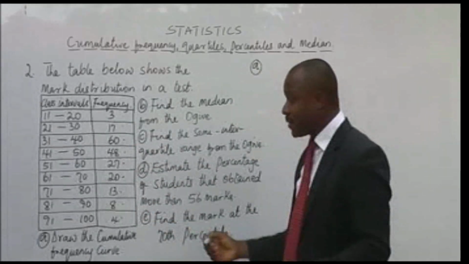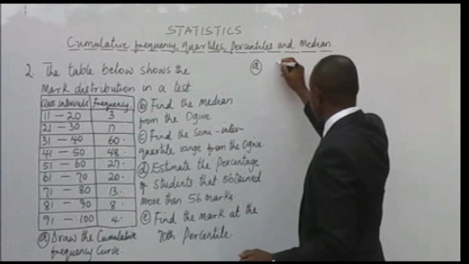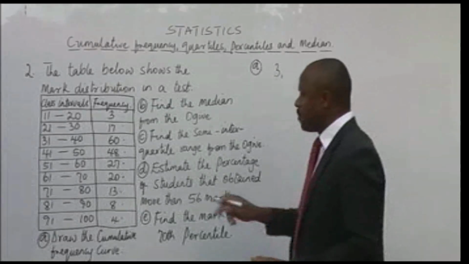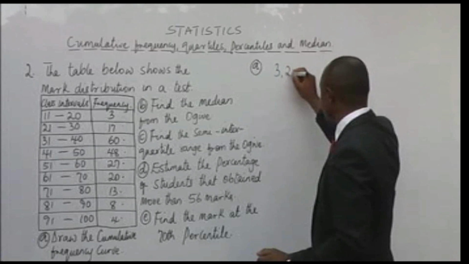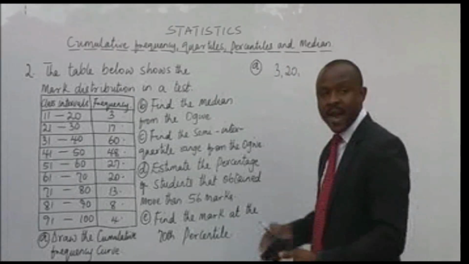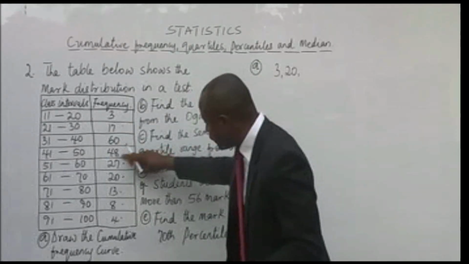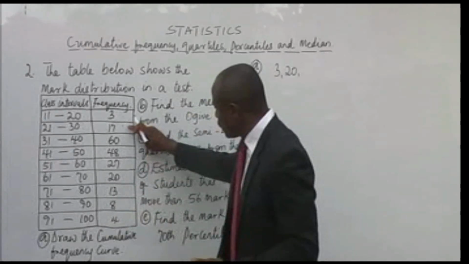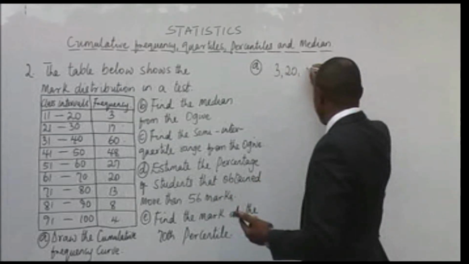You know, by addition. 3 is the first, so write 3. The next number is going to be 3 plus 17, which will give you 20. The next number is going to be 20 plus 60, which will give you 80.